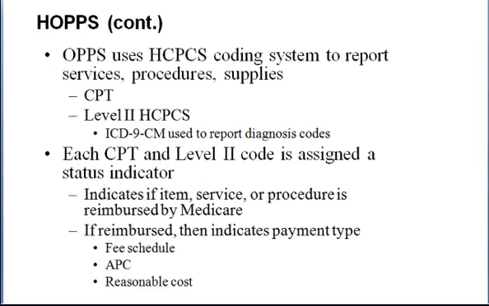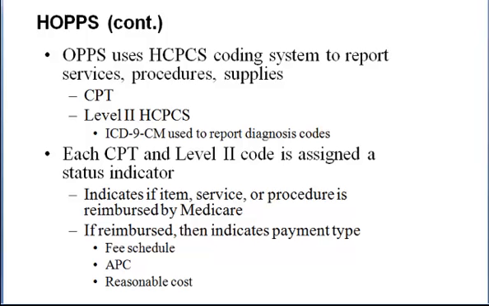The outpatient prospective payment system does require facilities to use Level 1 and Level 2 HCPCS codes to report services or procedures performed and also items or supplies that are provided to beneficiaries. Each code in HCPCS has been assigned a payment status indicator.